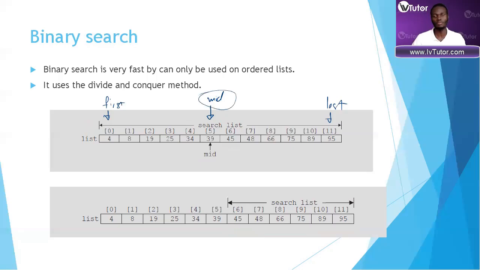After comparing with your middle element, in this case we said we are looking for 89, which means we know it's not in the bottom half of the array. So our first then becomes this guy, because this becomes our new search array. This remains our last index. And obviously we have to calculate a new mid index, which we simply calculate by saying first plus last over 2, in which case we get 8, which means this becomes our new mid index.